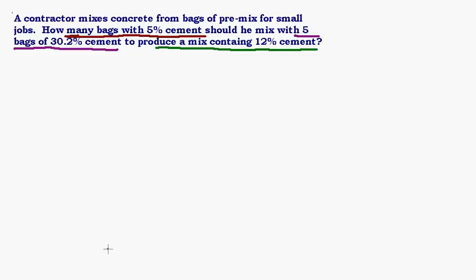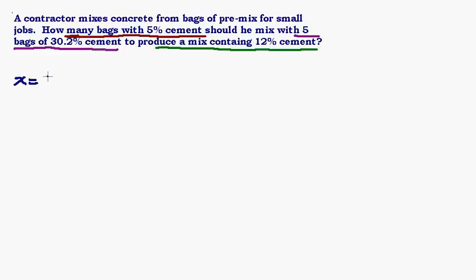Anytime you're doing a story problem, you want to figure out what your variable is going to be. What are you trying to find? Well, what we don't know is how many bags of 5% cement. I think it's so valuable to write this out, and people neglect this step when they're doing a story problem. What's your variable and what is it going to represent? You write that down. That's going to be really helpful when you're solving story problems.